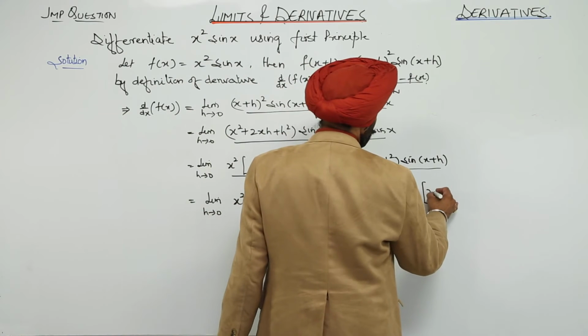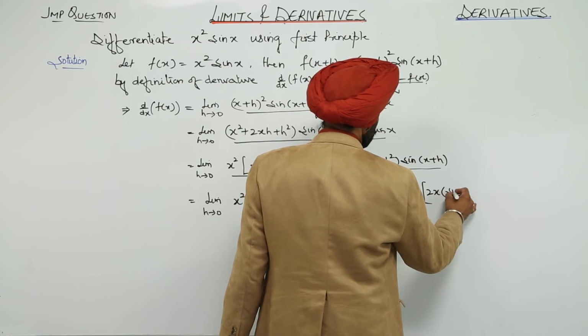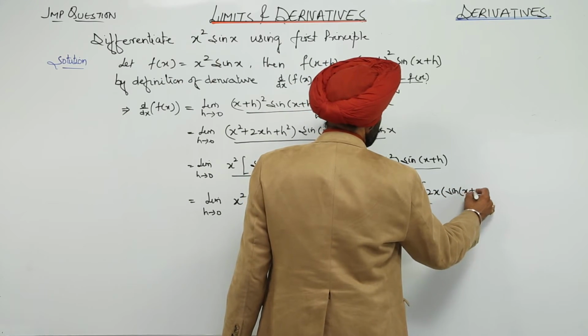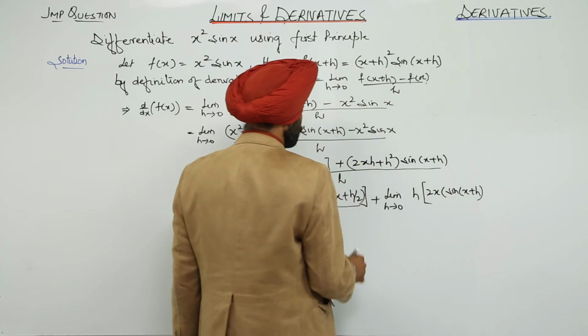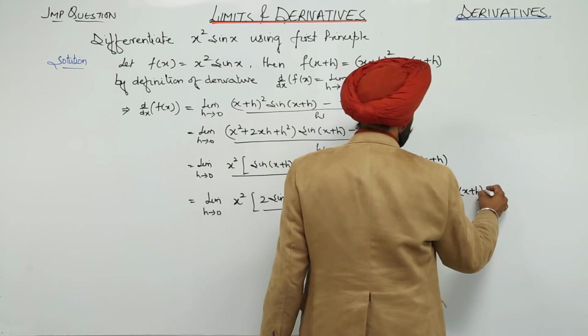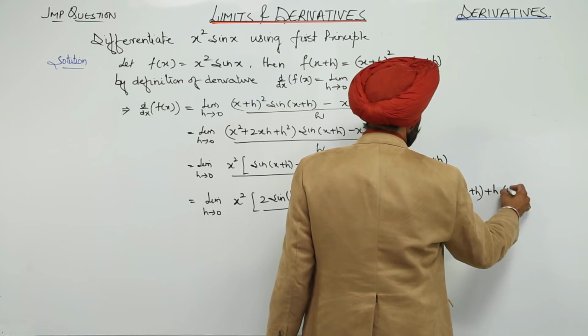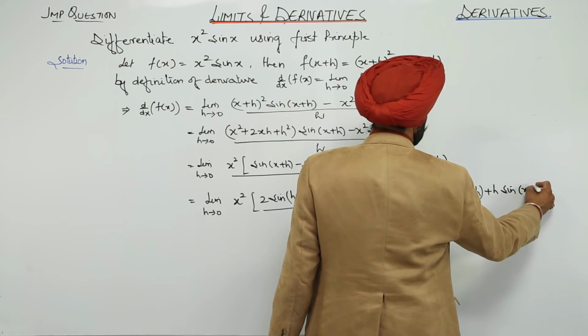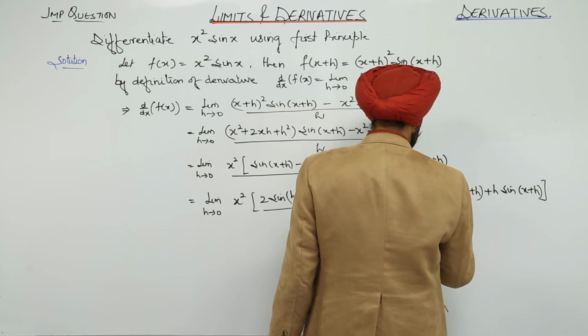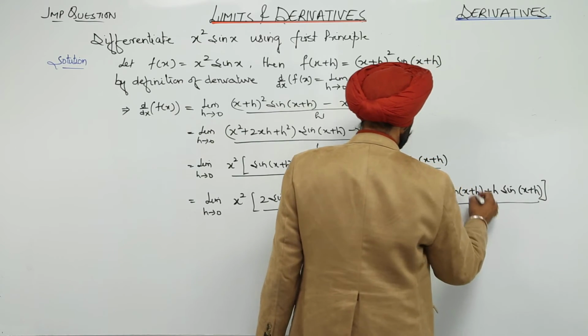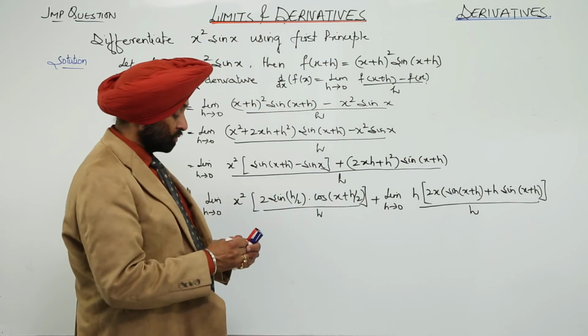Now we are left with 2x sin x plus h plus h sin x plus h upon h. Okay. So we have used what?